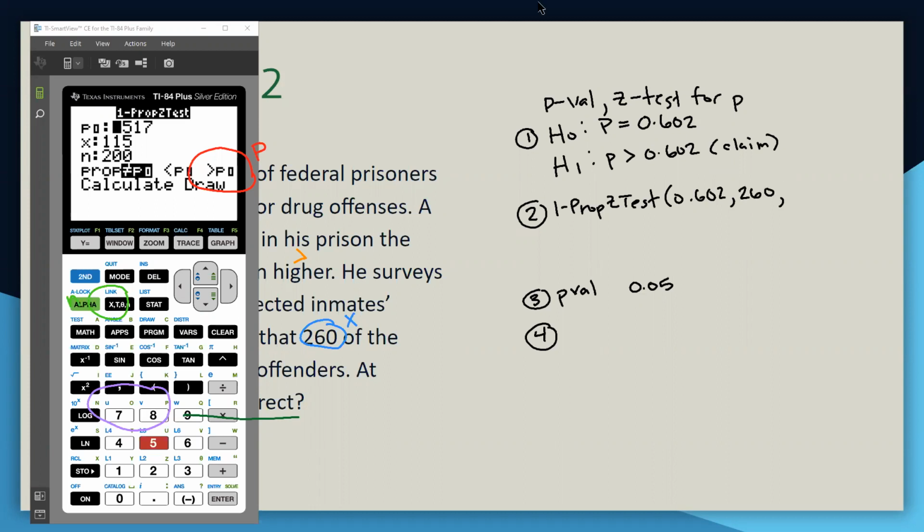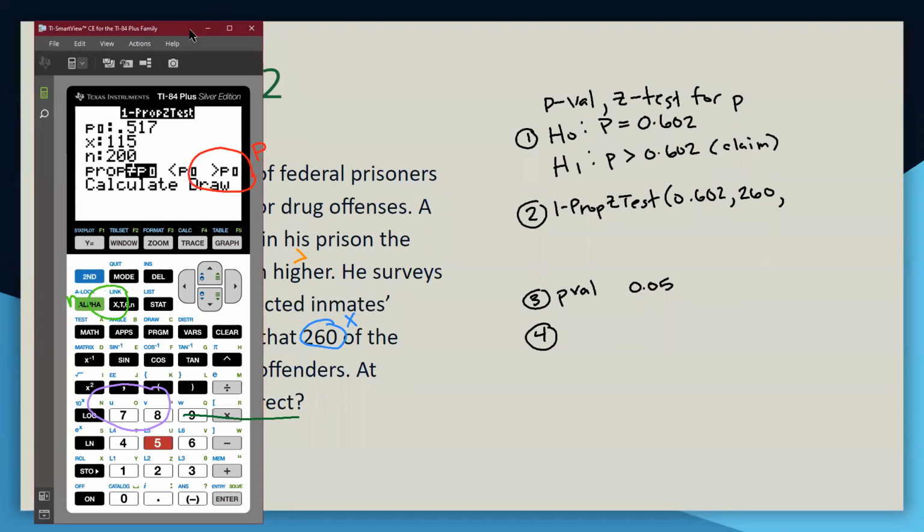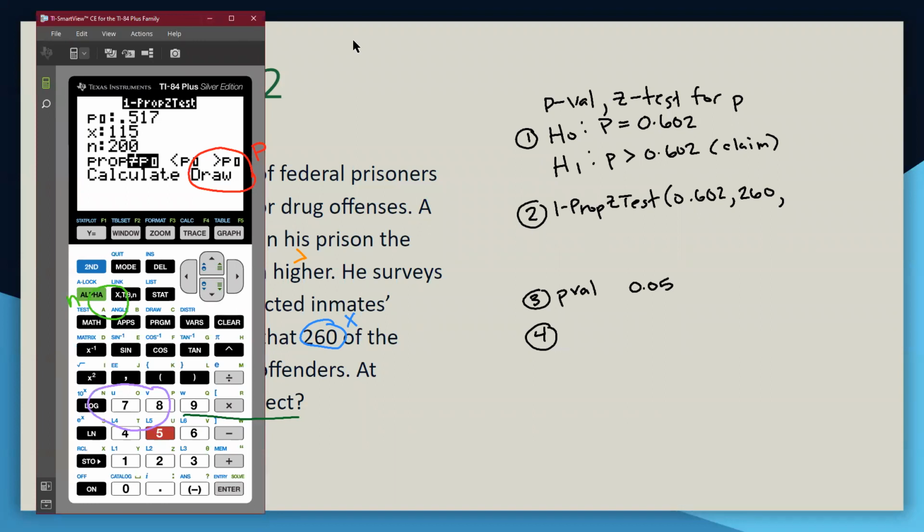And then we need n, which I'm pretty sure is 400, but let's just check. n is 400. And then our tail is a greater than. So we're going to go ahead and enter that in our calculator.